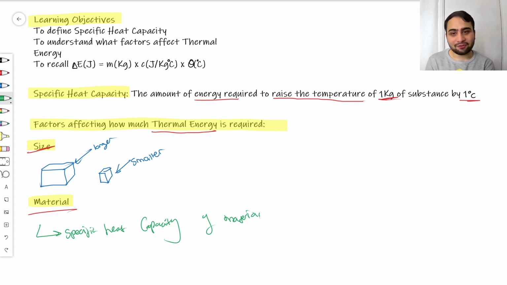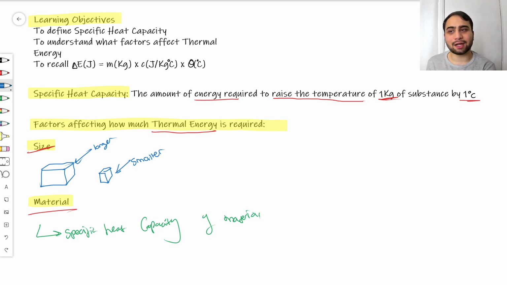So our second factor that affects how much thermal energy is required to raise the temperature of a substance by 1 degree Celsius is the actual material itself. Some materials have very high specific heat capacities, which means they need a lot of energy, and some have very low specific heat capacities, which means they need not that much energy to change the temperature at all.